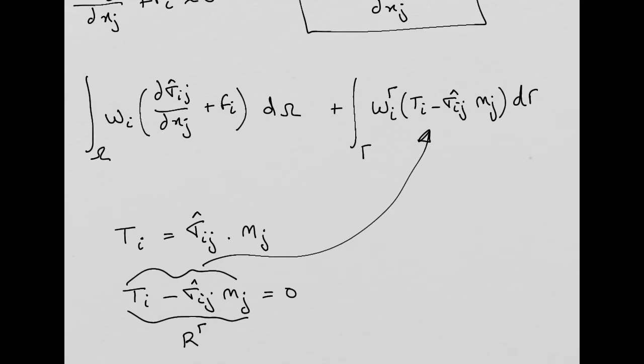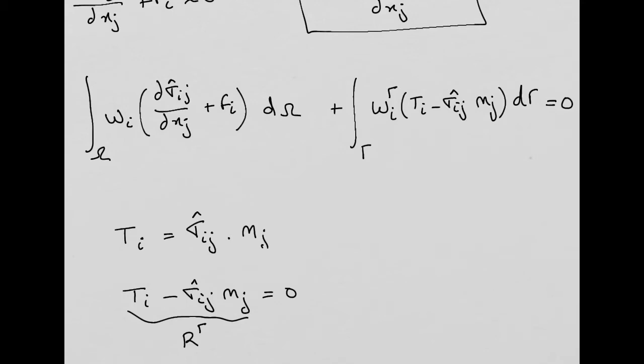If I impose all of this equal to 0, I will be able to obtain my approximated stress field that fulfills the domain of my problem and also the boundary of my problem, right?